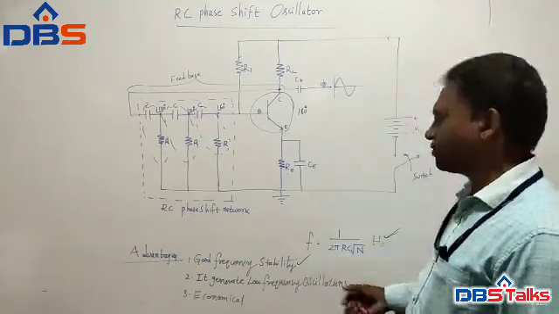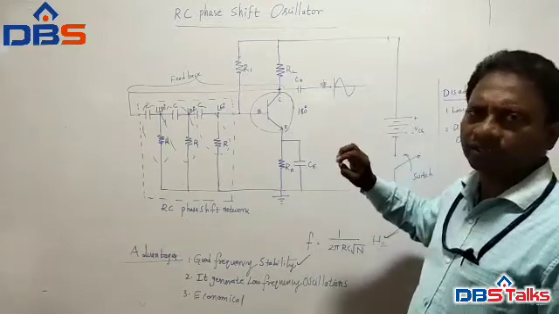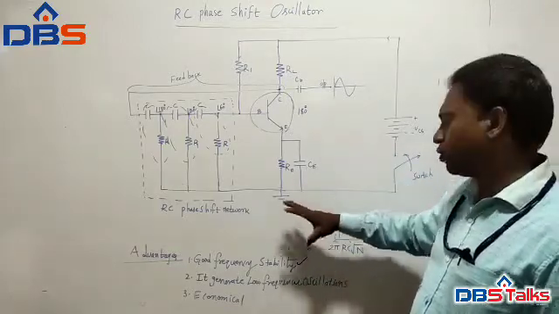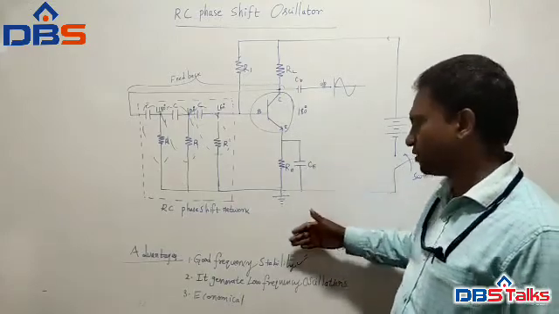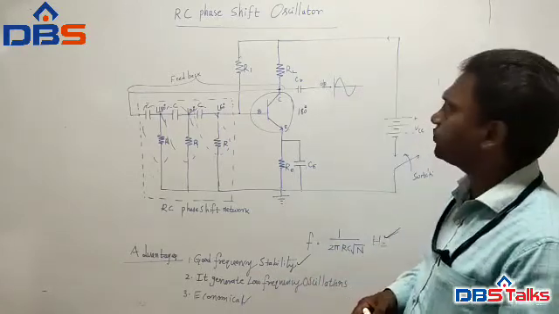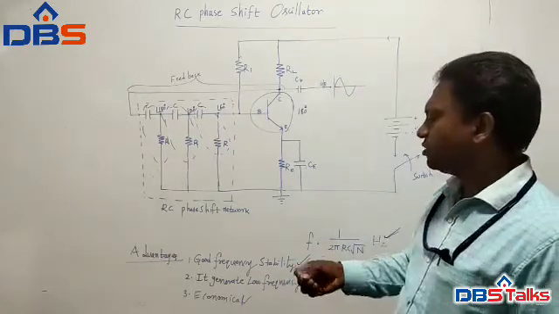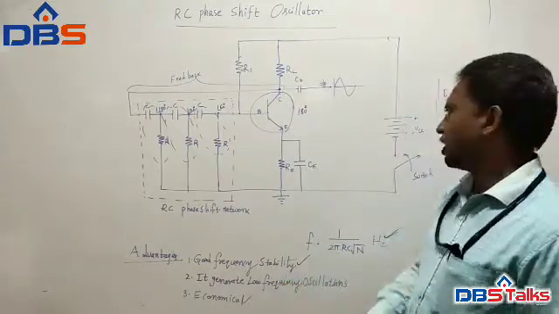It generates low frequency oscillations, in the audio frequency range, and below that also. And the cost to design this RC phase shift oscillator is very low, so it is more economical.